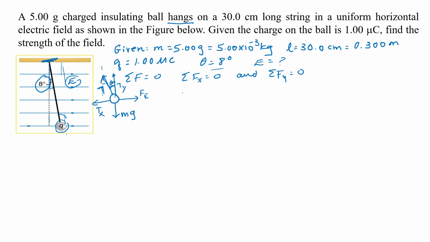Alright, so what is the summation of all forces in the x direction? That should add up to 0. What are those forces? The electrostatic force, which is horizontal, because the electric field is horizontal in this direction. There is a charge, so the electric field will exert a force on the charge. That is the electrostatic force. And what is the horizontal component of the tension?